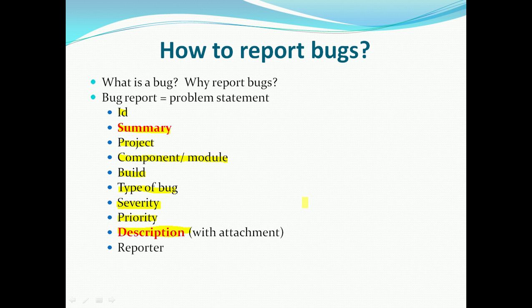You can give all the steps with the data that you used, which is called the test data, until you came across the bug, and then you can describe what the bug is. If required, you can specify what requirement the bug violates, which requirement is not being satisfied due to the presence of this bug, and also you can give additional information.